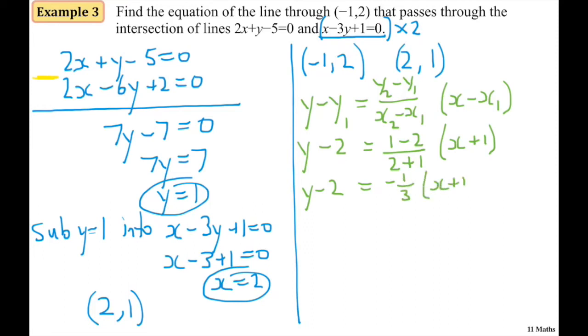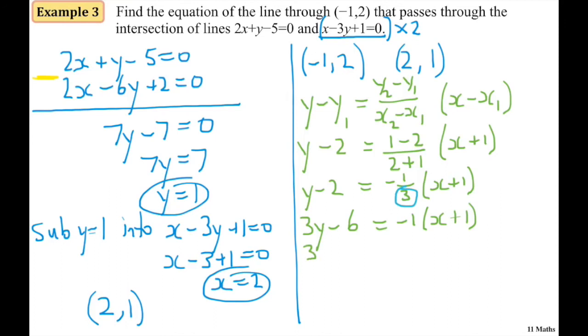x plus 1. Now, because I have this 3 here, what I'm going to do is I'm going to actually multiply both sides by 3. And that will leave me with 3y take 6 equals minus 1 multiplied by x plus 1, because on the right hand side of the equal sign, if I multiply that side by 3, it will cancel with the 3 in the denominator.